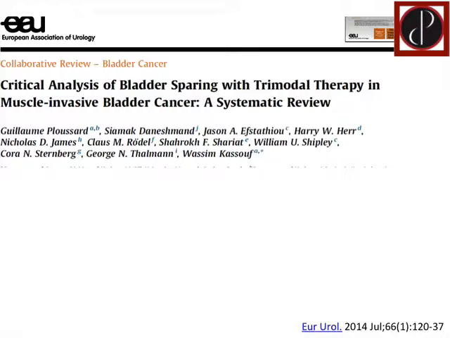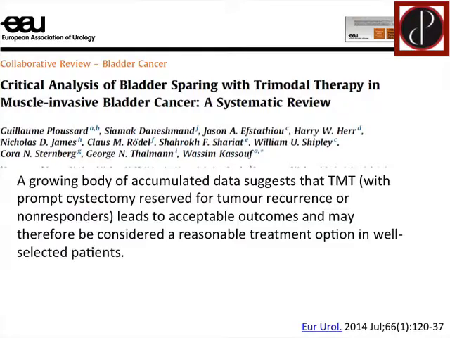A very good review article was published recently in European Urology. They concluded that a growing body of literature suggests that trimodal therapy would be an option to have acceptable outcomes, and therefore is considered a reasonable treatment option in this group of patients.